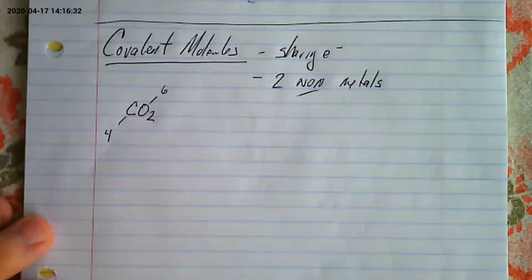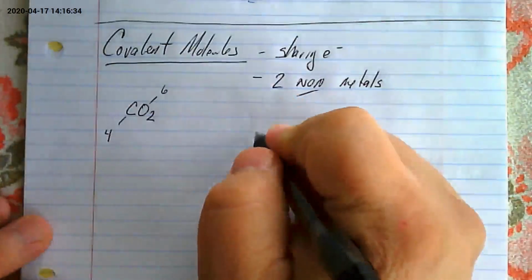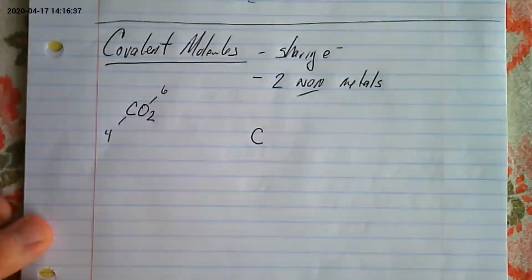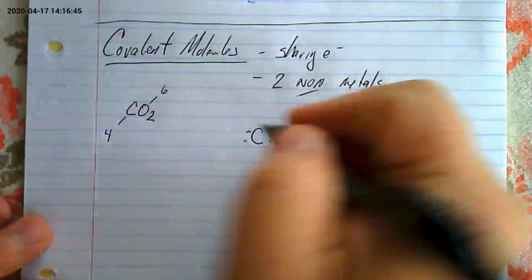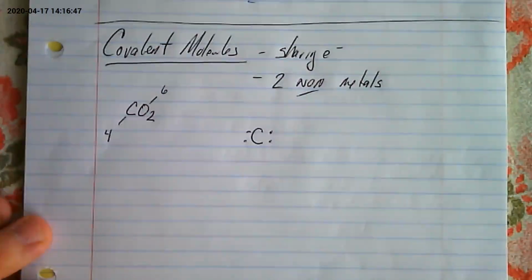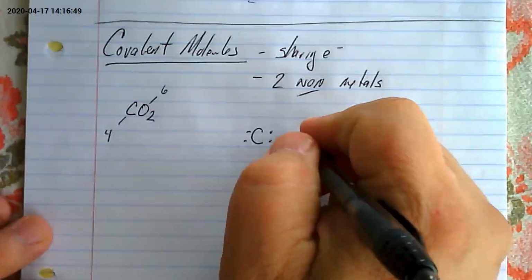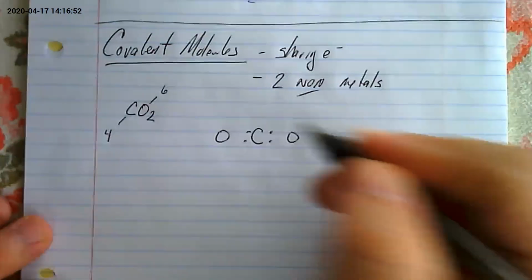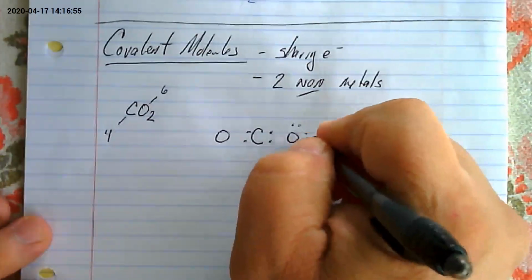So it needs a way to get 4 more electrons. Oxygen has 6 valence electrons. Both of those atoms need to figure out a way to get 2 more. So both carbon and oxygen want to take electrons. Since they both want to take, they bond together and they share.